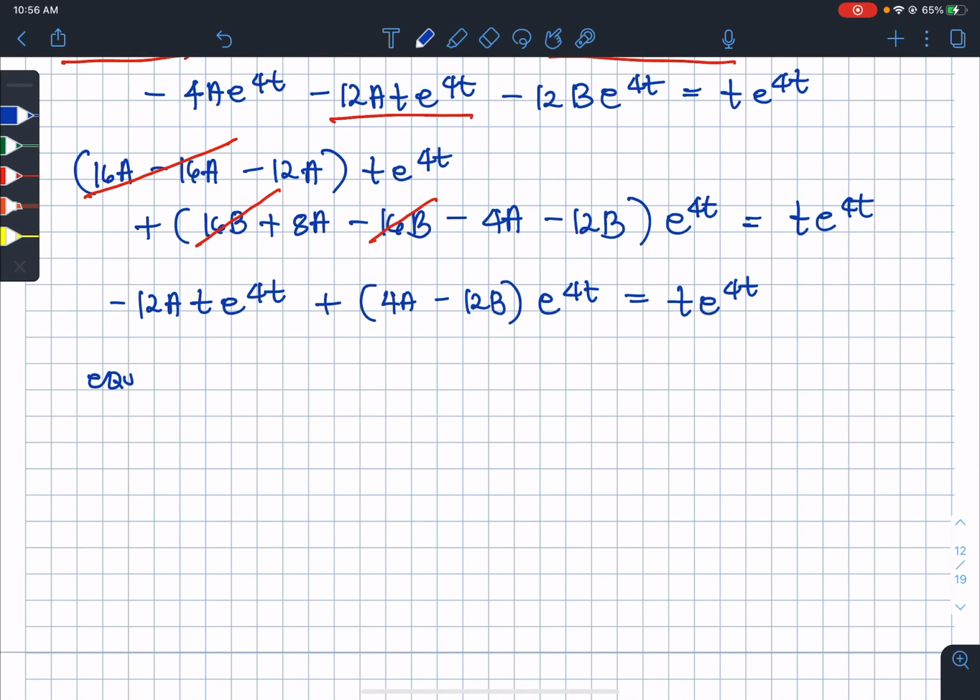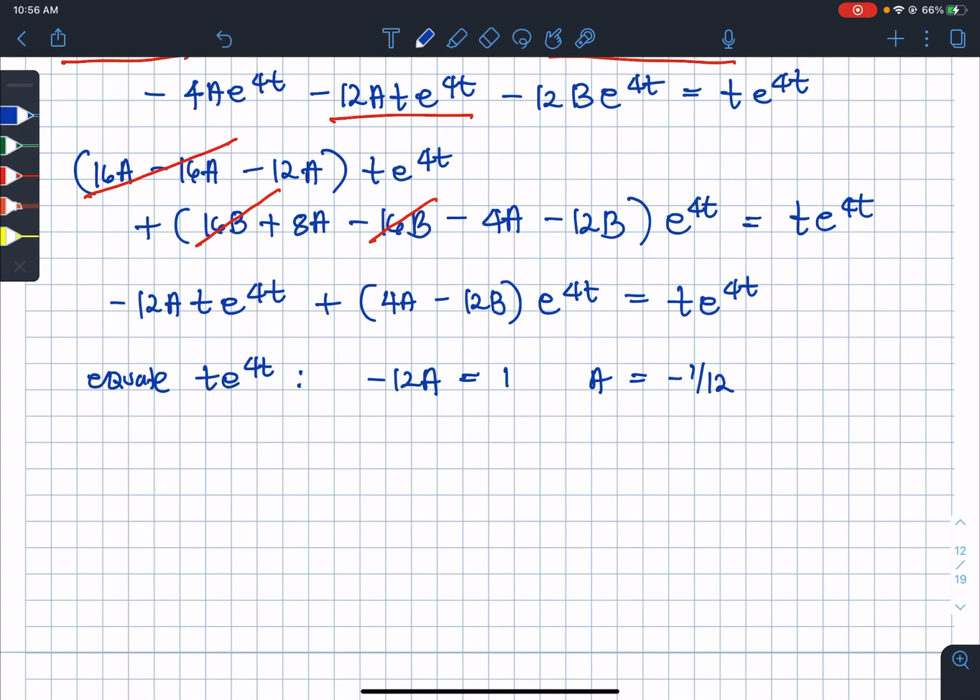So equate te^(4t). Now this negative 12a is equal to 1. So therefore a is equal to negative 1 over 12.